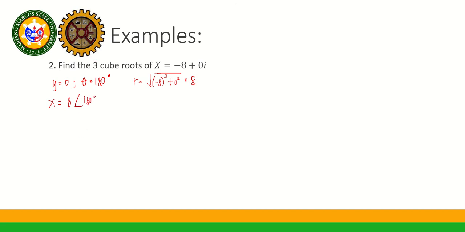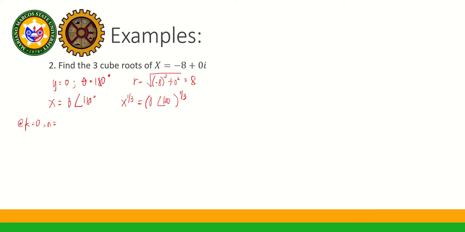So, from here, we are going to find the 3 cube roots of that complex number. So, at k is equal to 0, n is equal to, what is n? So, x raised to 1/3 kasi cube roots yung hinahanap natin. This will be equal to negative 8 plus 0i raised to 1 over 3. Or, gamitin natin yung polar form niya.